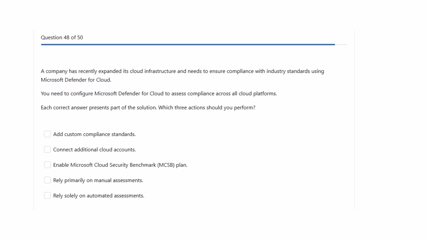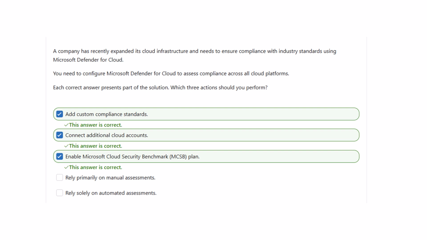Which three actions should you perform? Answers are 1. Add custom compliance standards. 2. Connect additional cloud accounts. And 3. Enable Microsoft Cloud Security Benchmark MCSB plan.